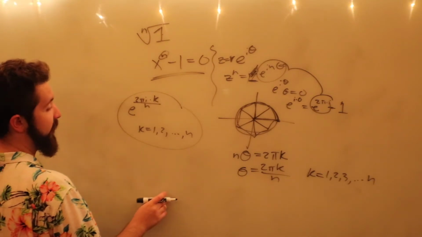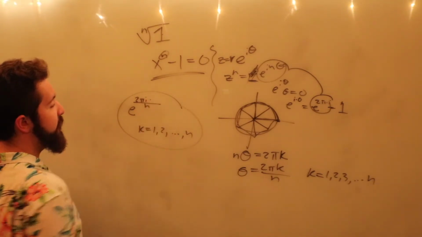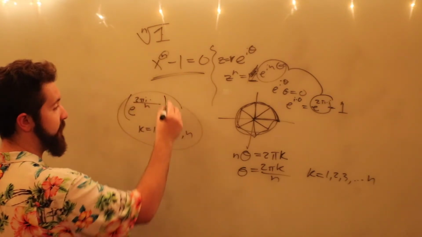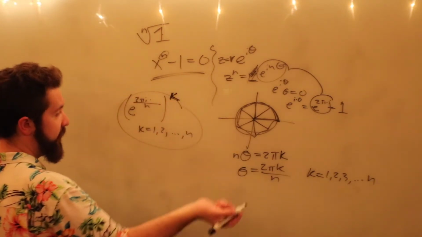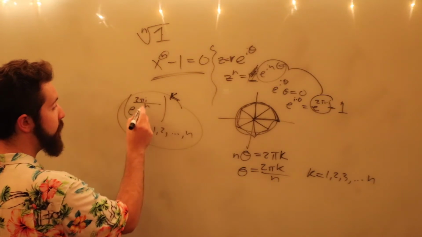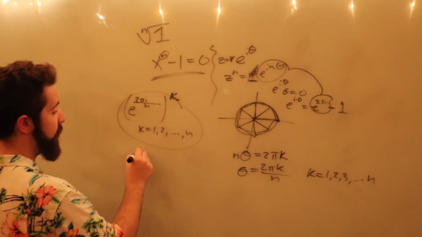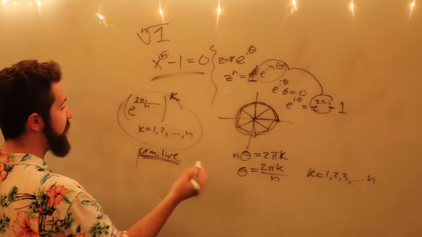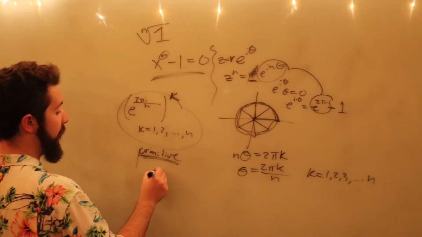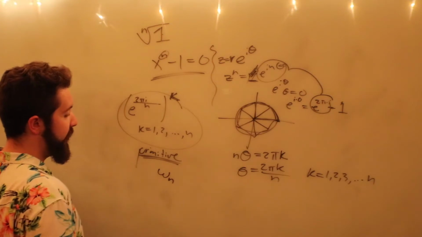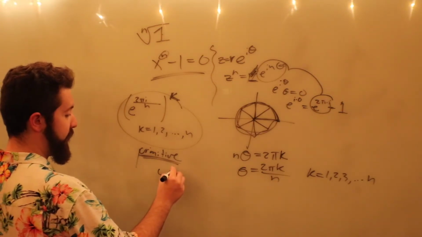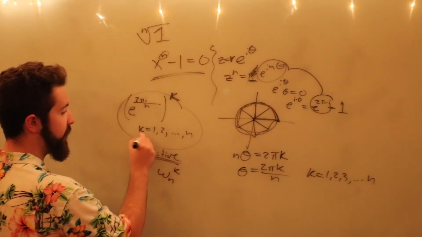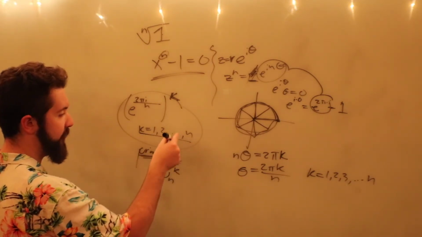And specifically, for k equals 1, just the basic one, you could also write it like this, because of the way exponents work. So this particular one, e to the 2 pi i over n, is called the primitive nth root of unity. And we're just going to denote that from now on as omega sub n. And you'll notice all the roots of unity can be written as omega sub n to the power k, for k from 1 to n.